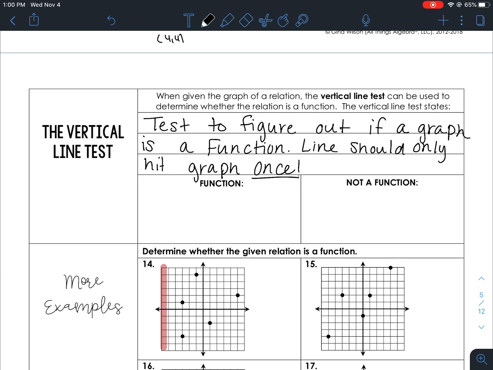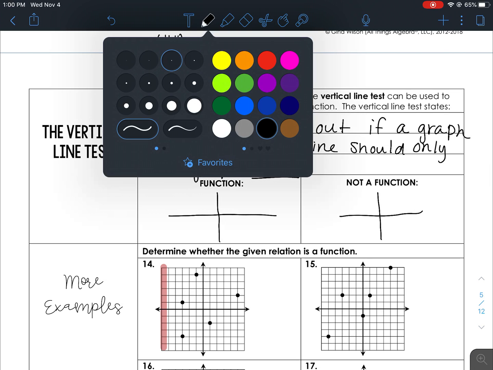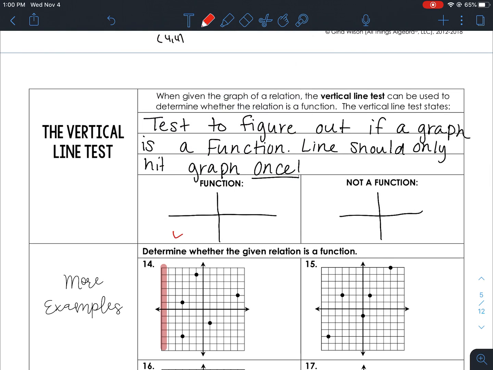All right, so let's show some examples. So this would be an example of a function. I'm going to draw my little graphs here. That is a function. That is not a function. Let me show you why.